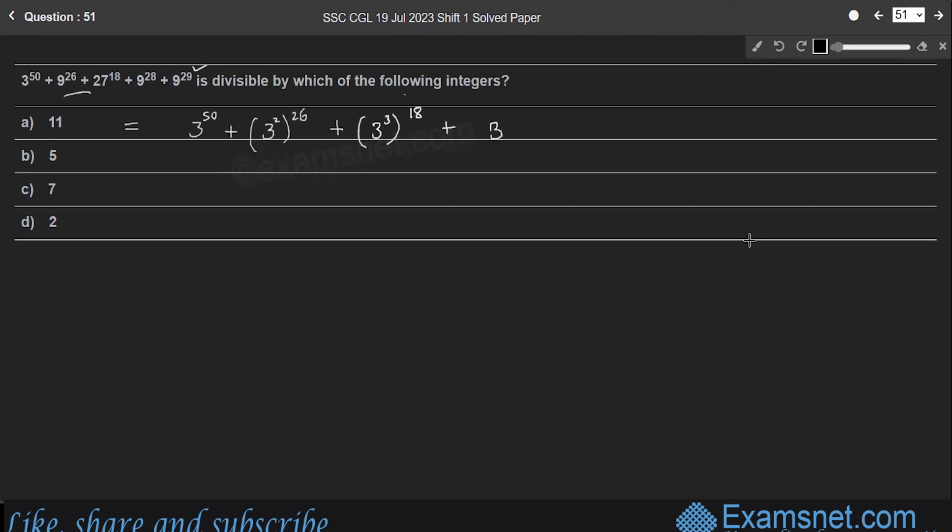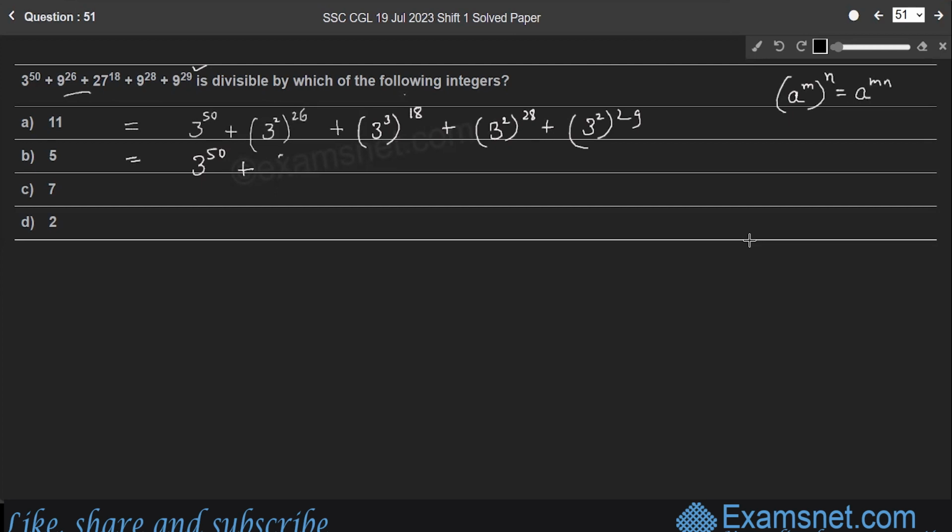Next, 9 raised to 28. Here 9 is 3 square, so 3 square raised to 28, plus 9 raised to 29, 3 square raised to 29, right? So now consider the first term as it is, 3 raised to 50 plus. Here the second number is in the form of a raised to m whole raised to n, which is a raised to mn.